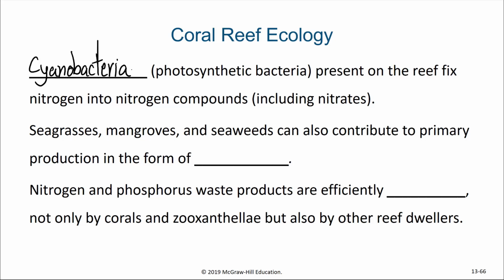Seagrasses, mangroves, and seaweeds can also contribute to primary production in the form of detritus. Nitrogen and phosphorus waste products are efficiently recycled, not only by the corals and zooxanthellae, but also by the other reef dwellers.